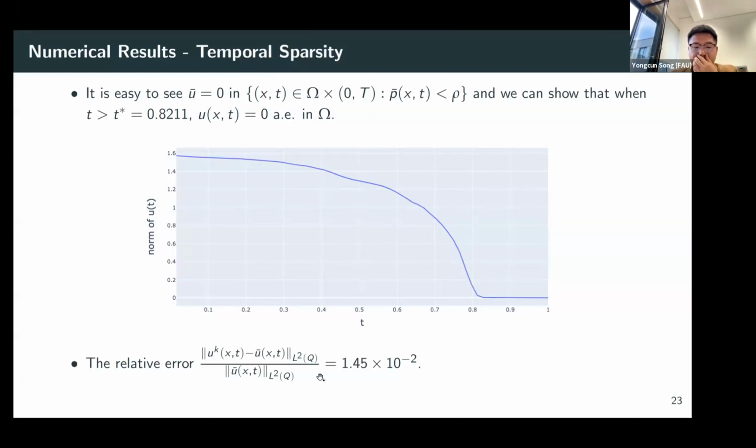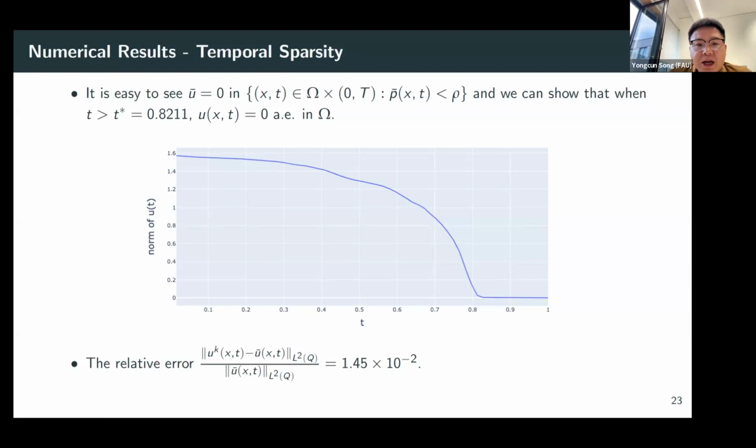And the total relative error on the whole temporal-spatial domain is about the order of 10 to the power minus 2. It is an acceptable accuracy.